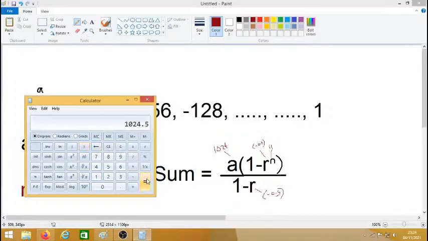So that gives you 1024.5, and then I need to divide that by the denominator, which is 1 minus minus 0.5. So that's going to turn into a plus.